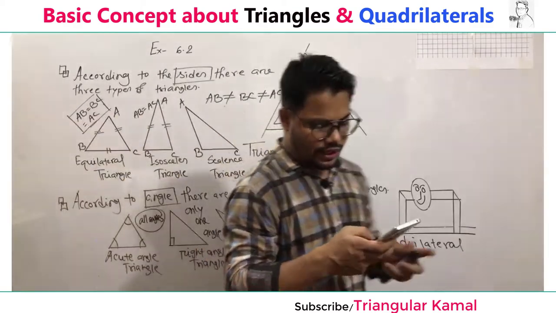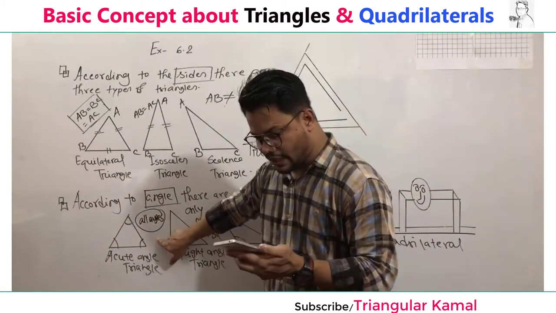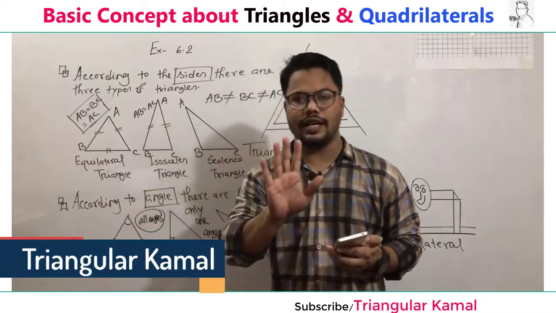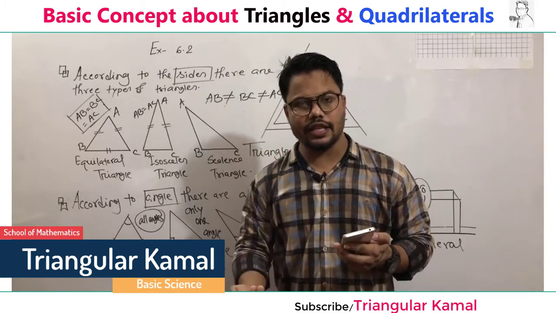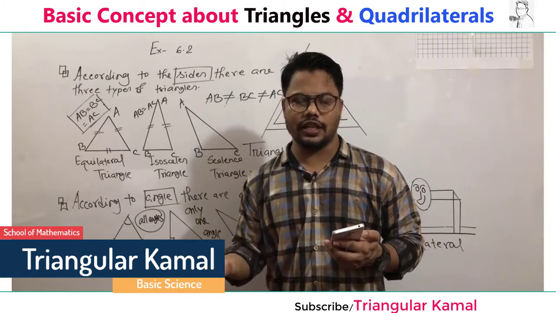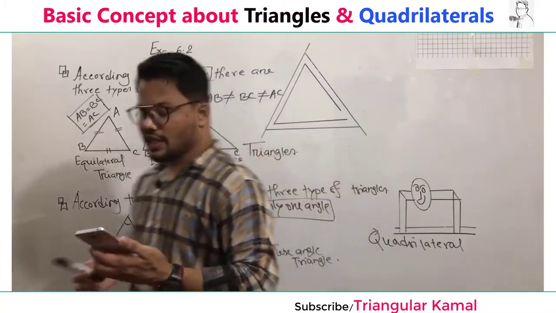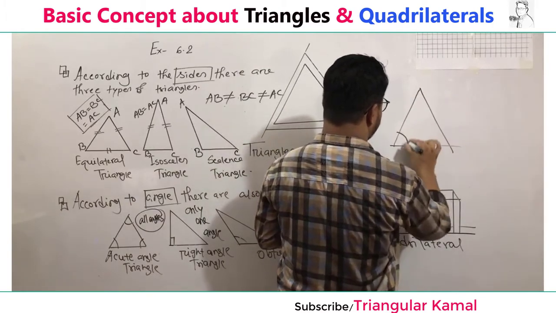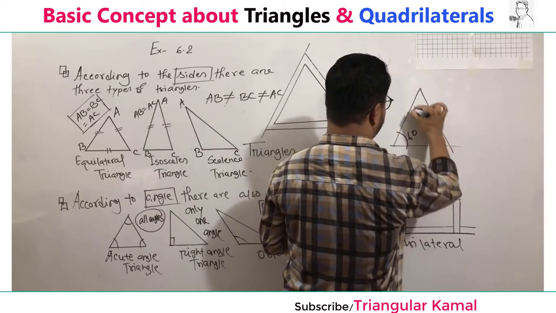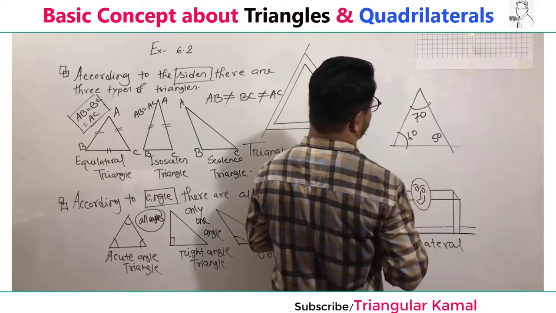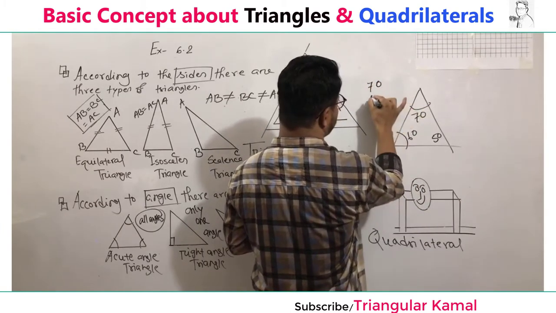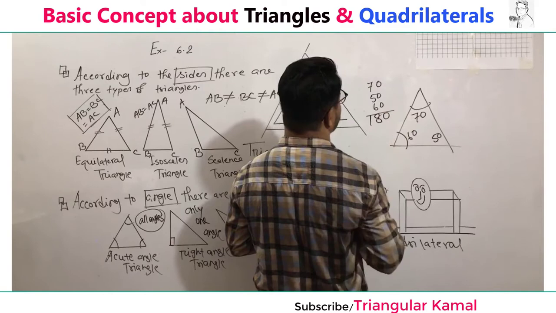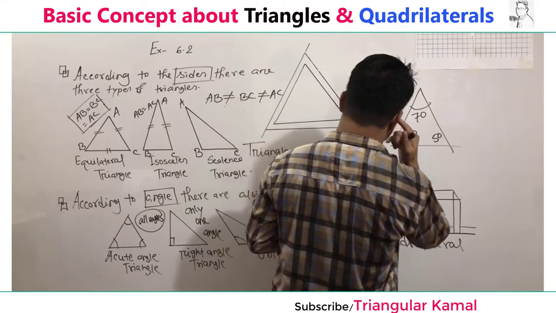Someone said here that in an acute angle triangle, each angle will be 45 degrees. No sir, I think the sum of 3 angles will be 180 degrees. It may be 60, 60 and 60 degrees. Or suppose if this angle is 60 degrees and this angle is 50 degrees, this angle should be 70 degrees, because the sum of 3 angles of a triangle is 180 degrees.